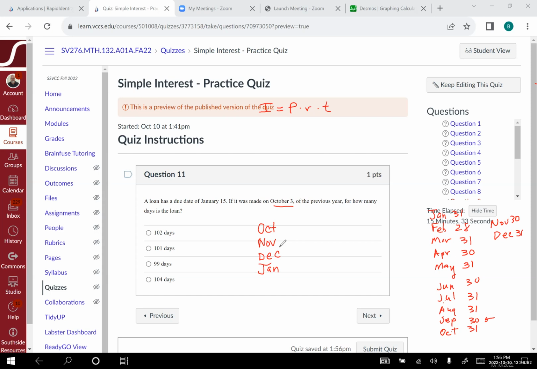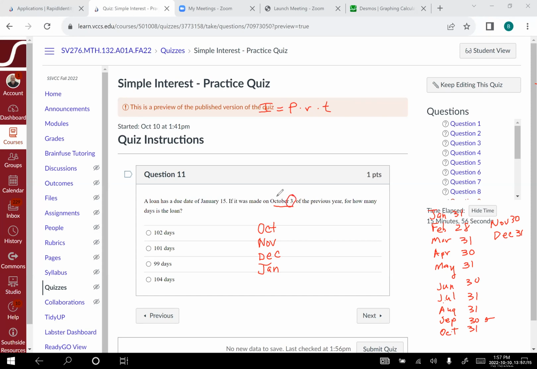So if it was made on October 3rd, you have to count all the rest of the days in October. So how many is that? How many do we count? 31. There's 31 days, but we don't count the first 3 days because the loan was made on the 3rd.